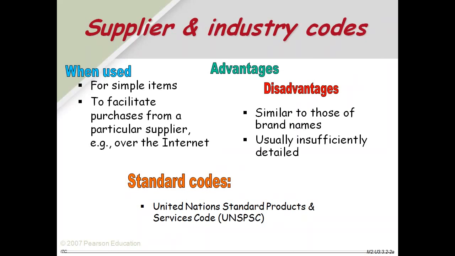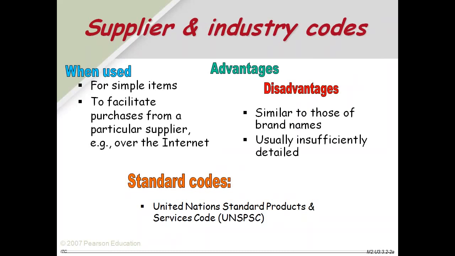Now here come the supplier industry codes. There are coding systems for suppliers for simple items. If you want to buy from some particular supplier over the internet, it's good to have the supplier code. I'm sure those of you who are used to e-commerce pick up the items, put the item into the cart, and it has a code number.